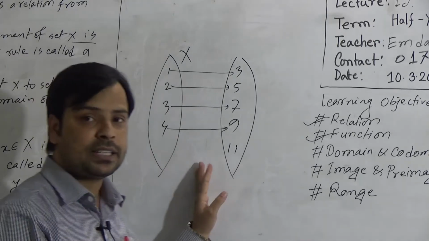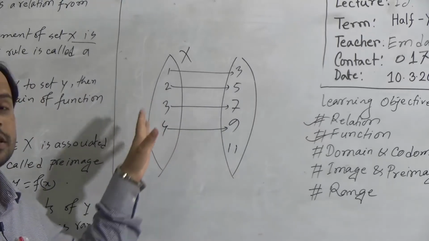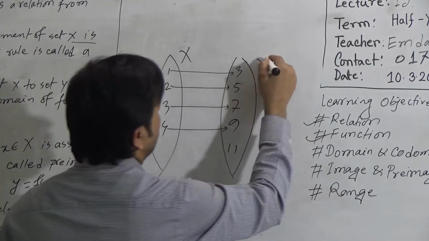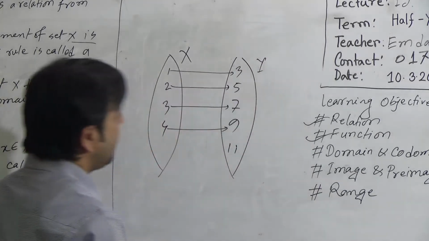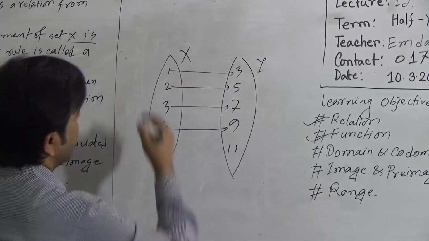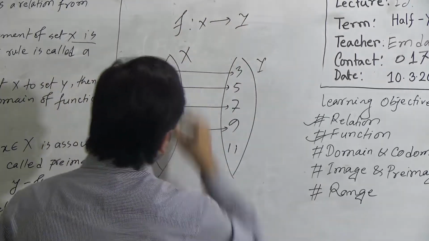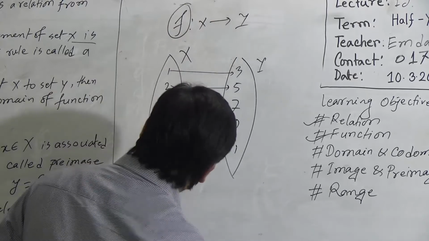But this will be a function as every element of x corresponds with a unique element of y. So if we denote a function here, f is a function from x to y.